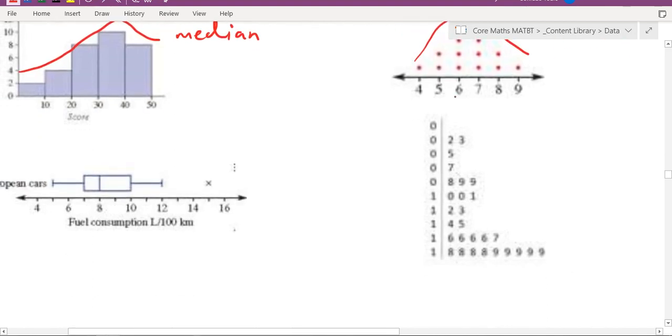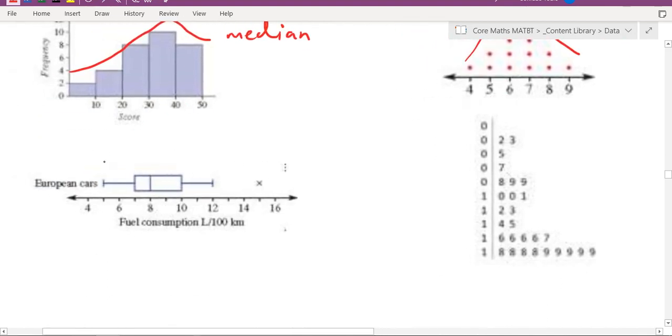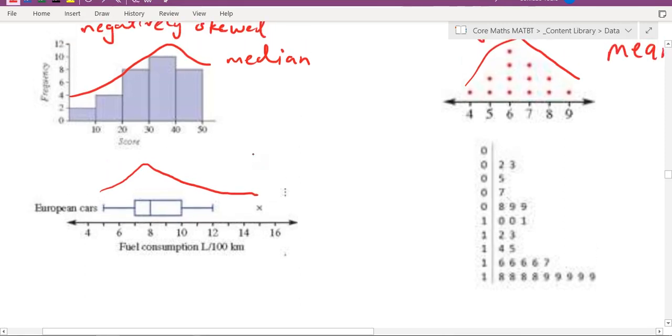For the box plot down here, I can see that the data sort of goes up, then it trails off down here, and then you've got what we call an outlier here. Another thing to note is if you have an outlier, median is always better. But also if you think about the skew, this is positively skewed, which means the median is a better measure of center.